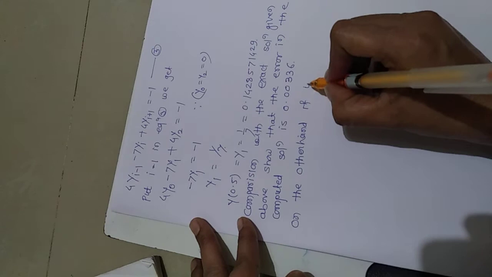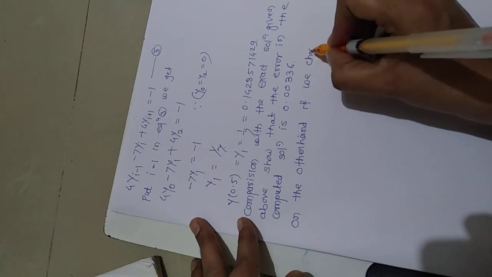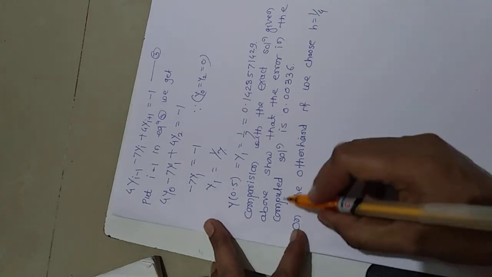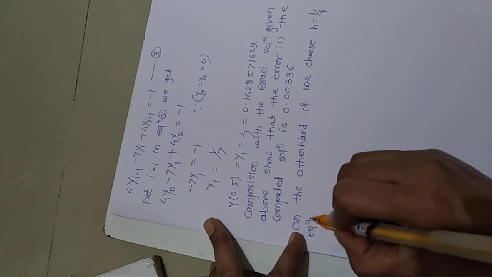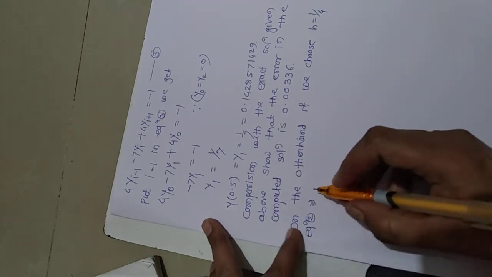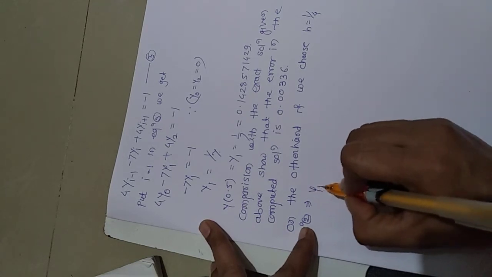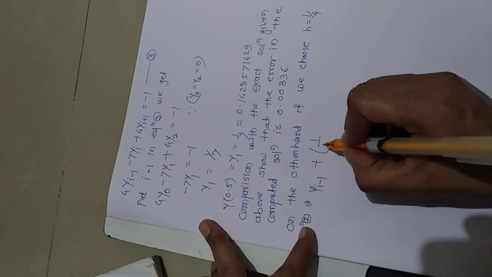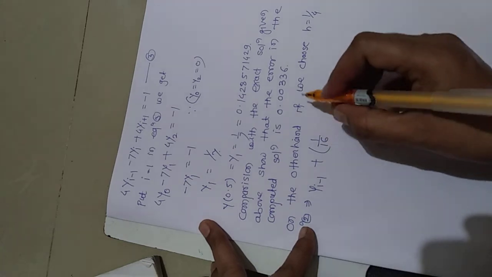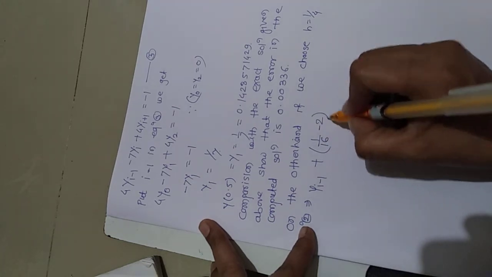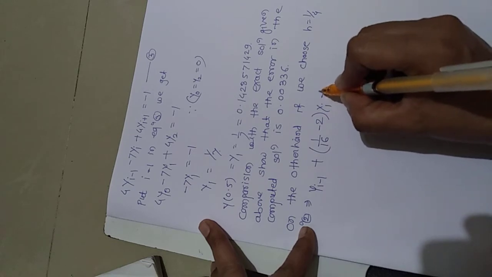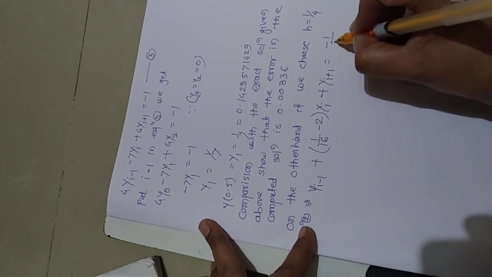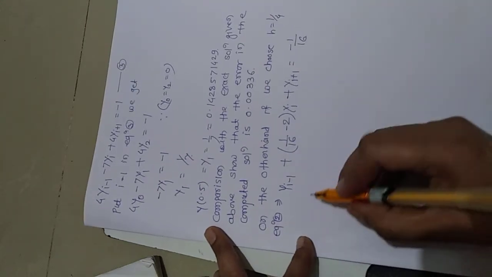On the other hand, if we choose h is equal to 1 by 4, then from equation 2, y of I minus 1 plus 1 by h square is equal to 1 by 16 minus 2 y of I plus y of I plus 1 is equal to minus 1 by 16.